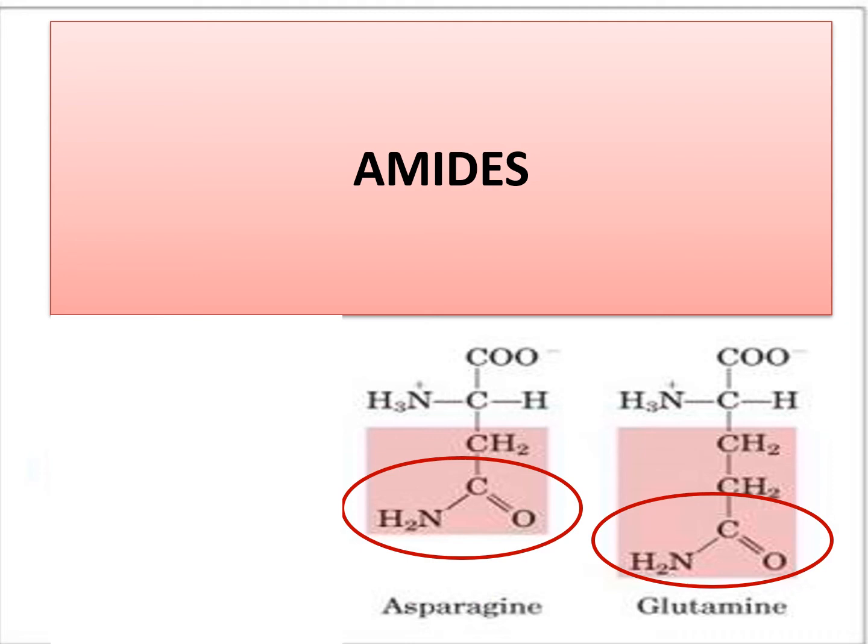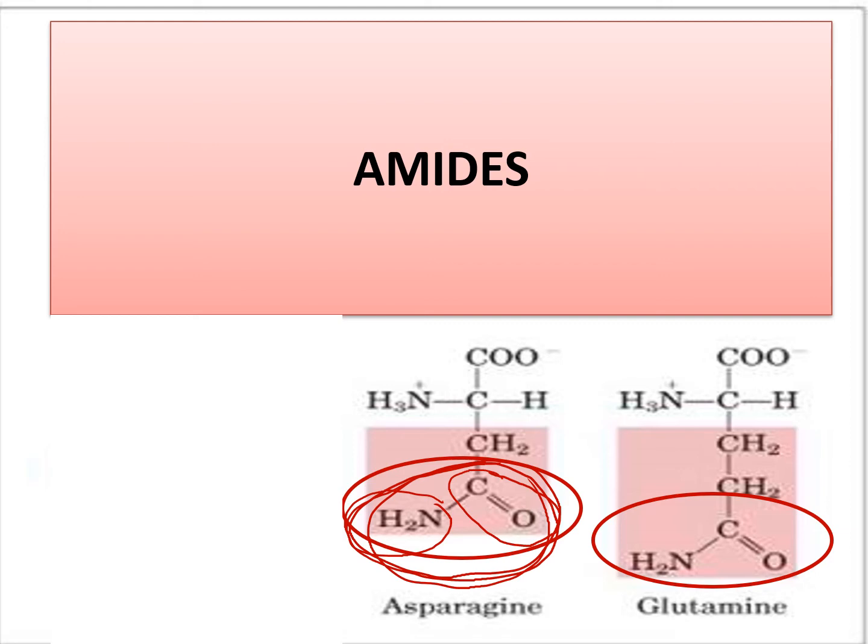Again, an amide is just a combination of carboxyl group plus the amino group. So you have here a part of the carboxyl group, which is C double bond O, and then your amino group here, which is NH2. And as you can see, the two functional groups are connected to one another, forming that specific amide or a new group.